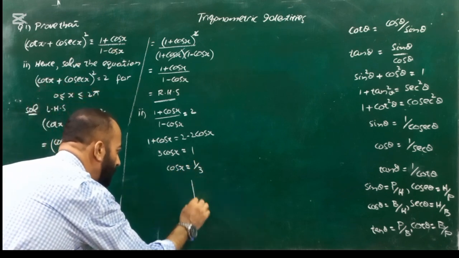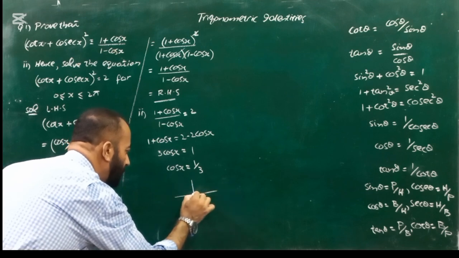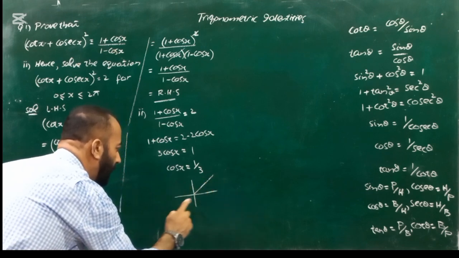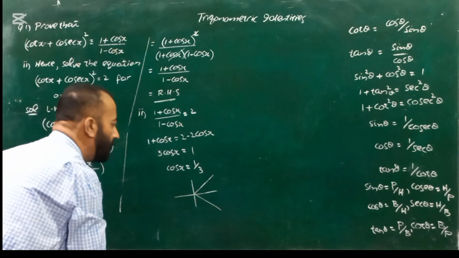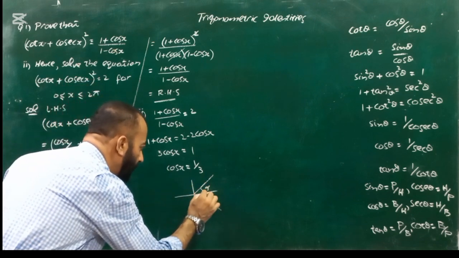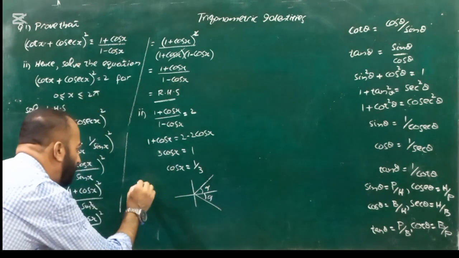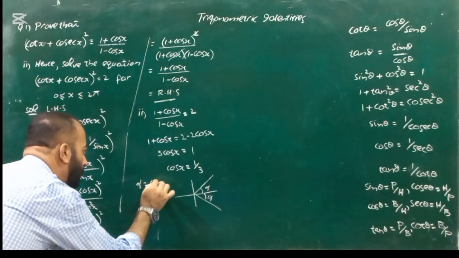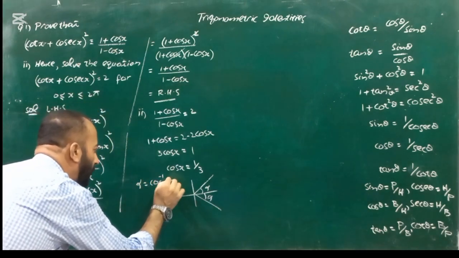Because cos is positive, and cos is positive in first and fourth quadrant (All Students Take Chemistry). So here are the basic angles, and basic angle will be equal to cos inverse 1 by 3.